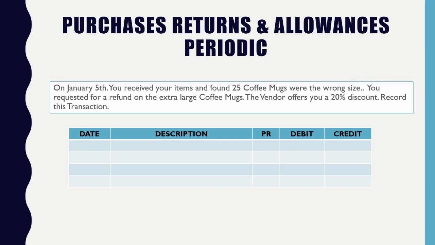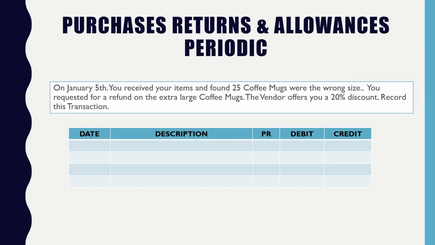Vendors are trying to sell you a product so you can sell it to your other customers, so they're going to try to make deals and even offer a discount. Because this was their fault, since we originally ordered 100 regular sized coffee mugs, they made a mistake on their end and shipped us the wrong item.